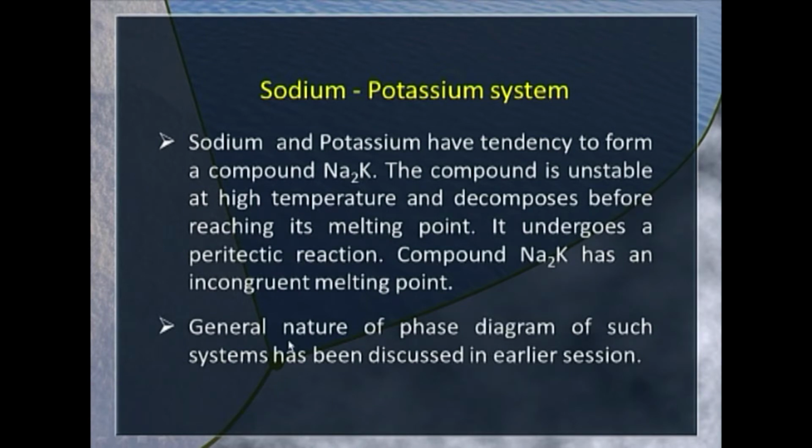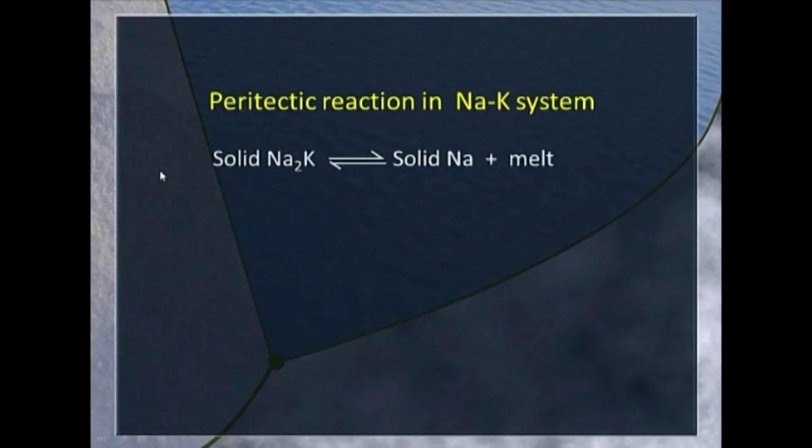As I told you, the sodium potassium system shows a peritectic reaction. We can see here the solid compound, that is Na2K, upon heating decomposes to give solid sodium plus melt. This melt has a composition different from that of the solid compound.